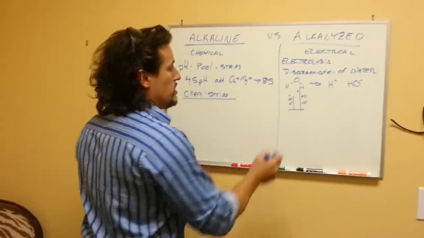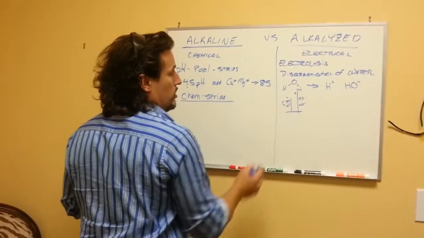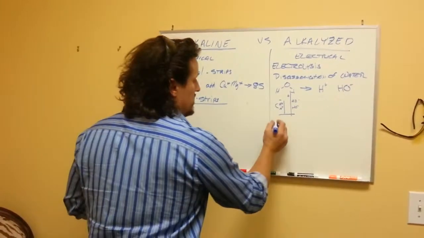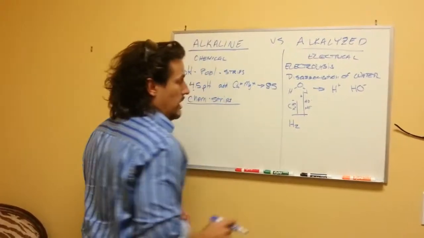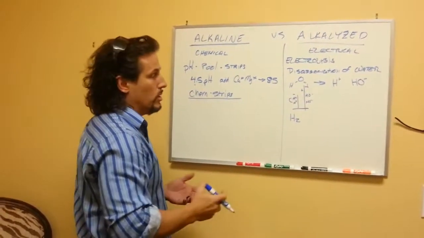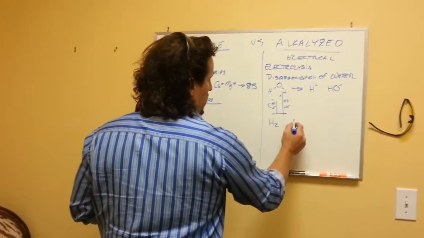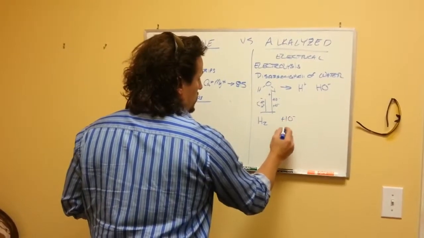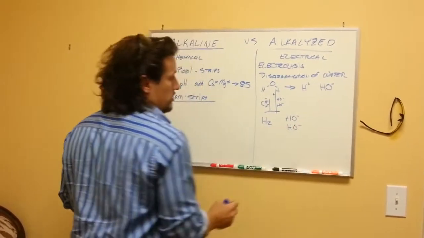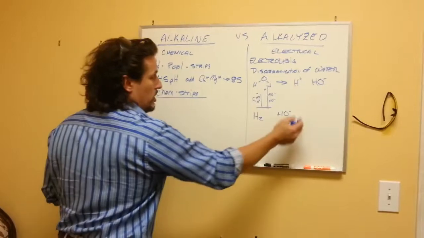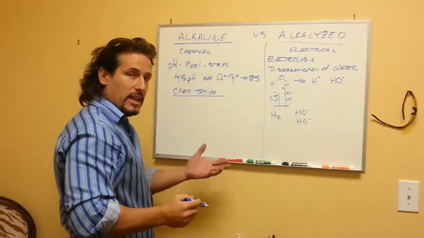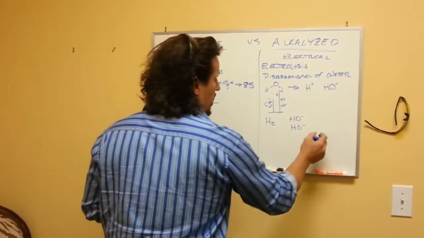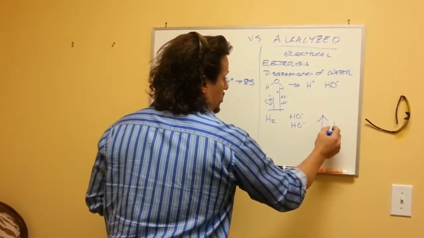Well, when this happens, because they're so unstable, they will instantly convert to H2, which is hydrogen dissolved in water. So then you end up with an H2 molecule and a couple of hydroxyls. Because this ratio changes electrically, you'll get a rise in your pH.